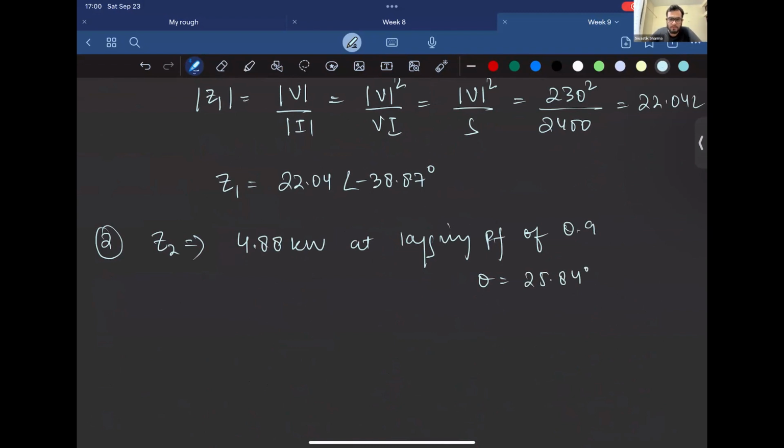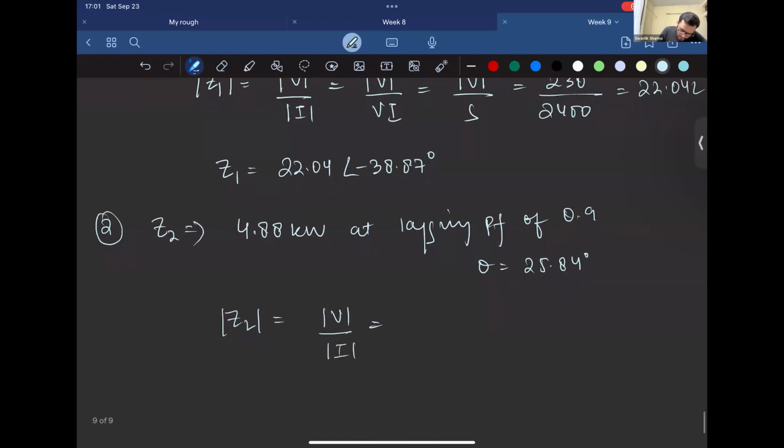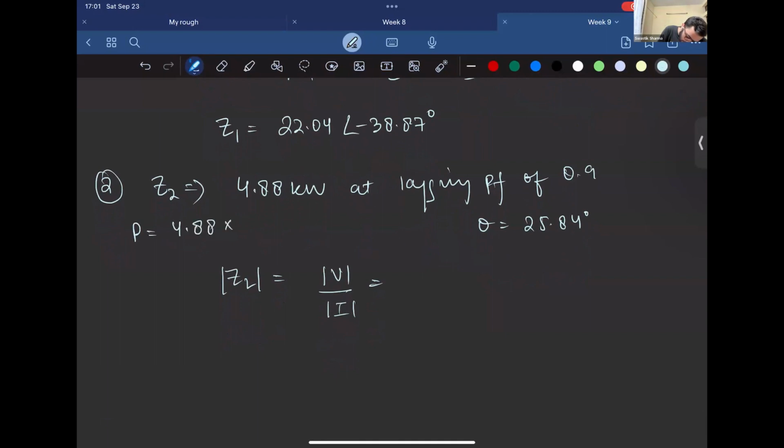So Z2 is what? We know P, 4.88 into 10 raised to power 3, is nothing but VI cos theta.